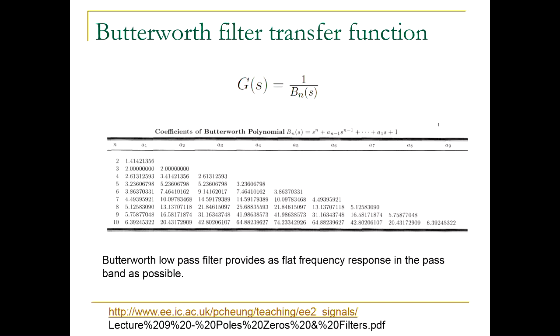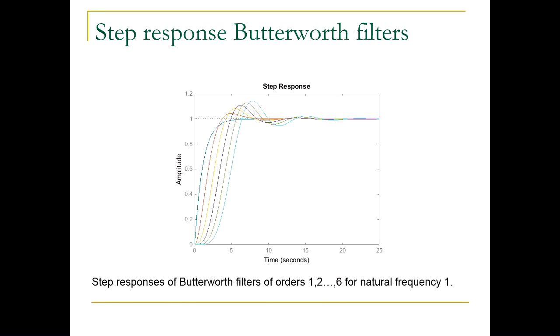You can find these in textbooks and just read them out. What are the step responses for different Butterworth filters? They are presented here. The first order response is the blue one, and then second order, third order, fourth order, fifth, sixth.